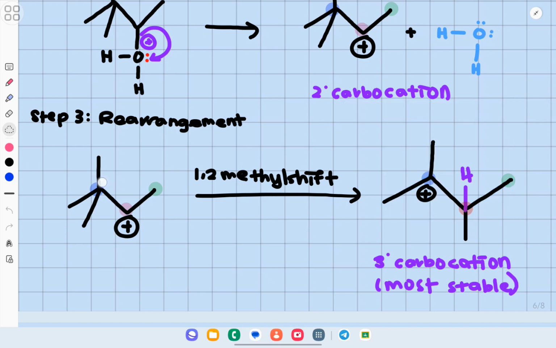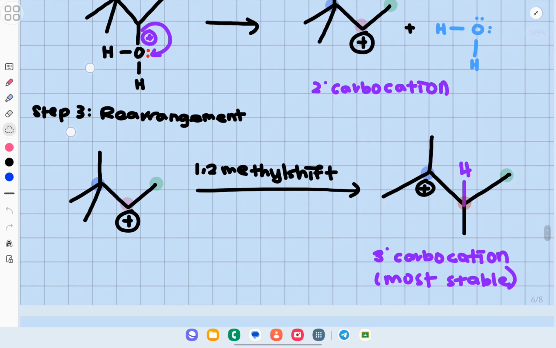That means one methyl group from the blue carbon will shift to this red carbon, so that the carbocation can form in this blue carbon, forming the tertiary carbocation, which is the most stable carbocation.